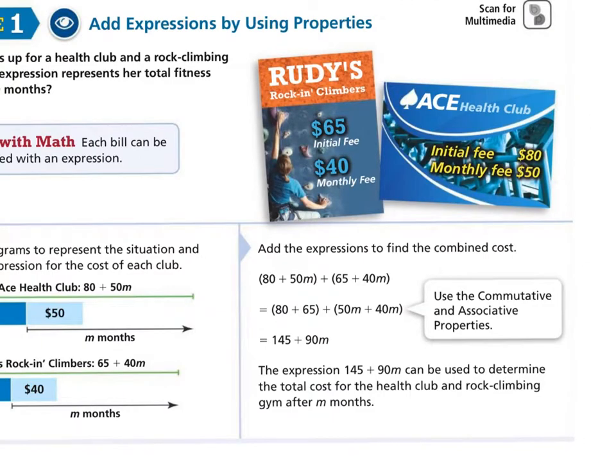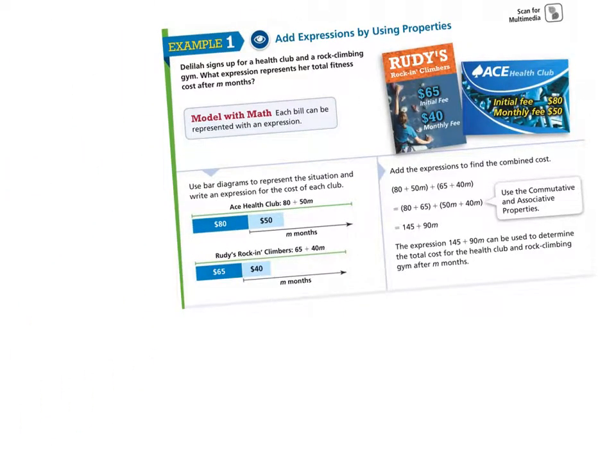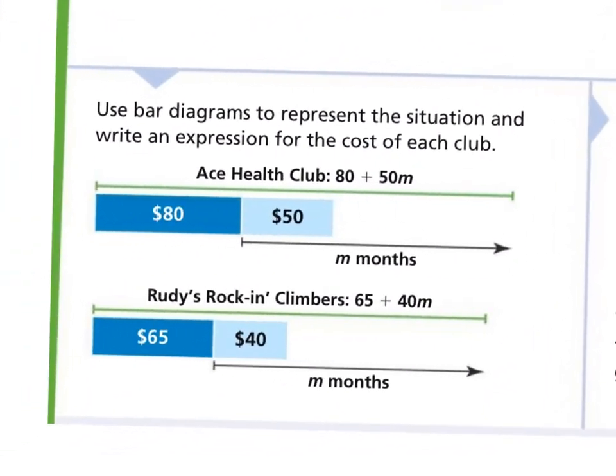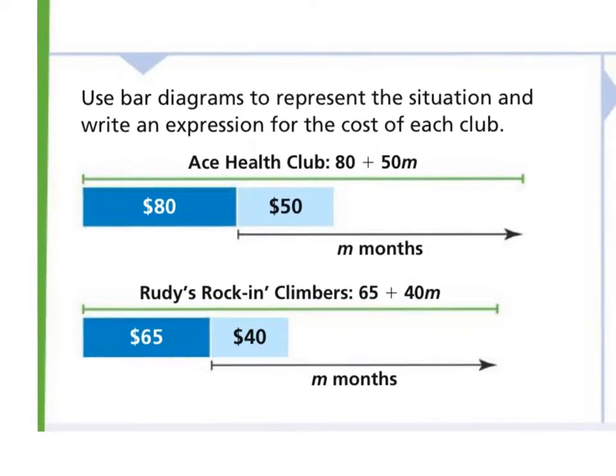Anyway, if we look at this, they made bar diagrams for these two things. They did this for the health club and for the rock climbing. And you can see the dark blue is representing their initial fee, and then the light blue is representing their monthly fee.